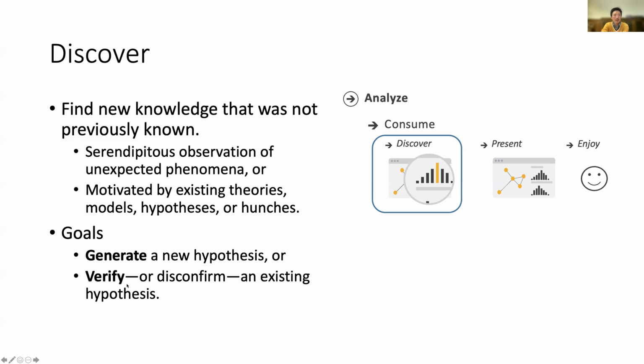The first one usually allows you to generate a new hypothesis because of something unexpected, whereas the second one is more like verifying a hypothesis. For example, I think a sports car is probably more expensive than other types of cars, and you can use the validation to confirm that, by seeing the price of cars. A sports car is actually higher, or maybe sometimes lower, and you either verify or disconfirm.